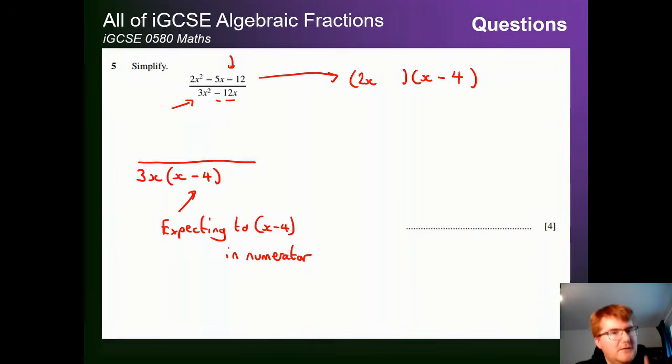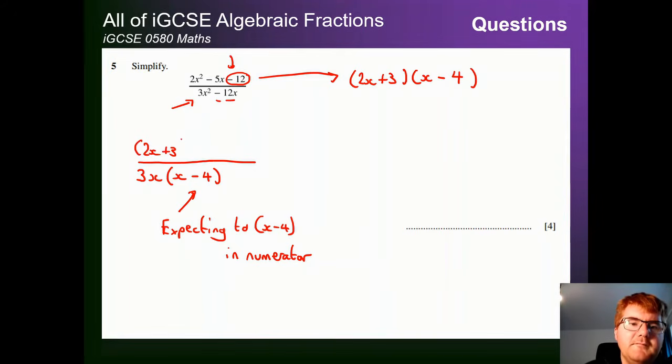Even though I could have made a mistake with the denominator, I'm going to look for that x minus 4 to be there. Then we need a number that multiplies to give us minus 12. So what do I multiply minus 4 by to get minus 12? Well, positive 3. So I'm claiming that the factorization here is as follows.